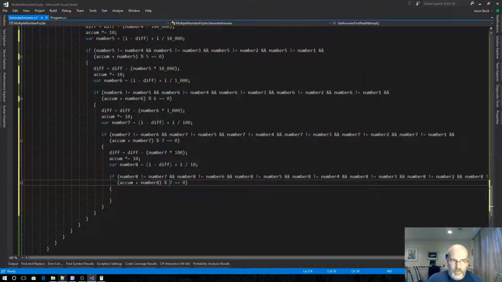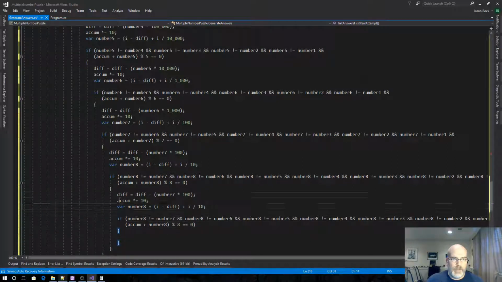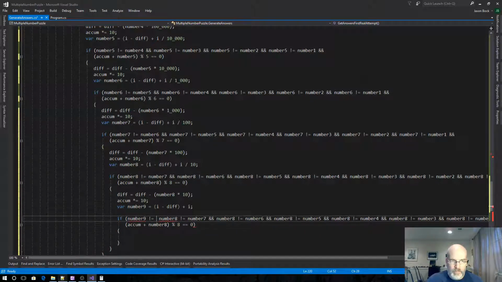Accumulation 8 to 8, and one last time. Number 9 is just I. You divide by 1 is just going to be number 9. It's not equal number 9, and oh, that'd be stupid.